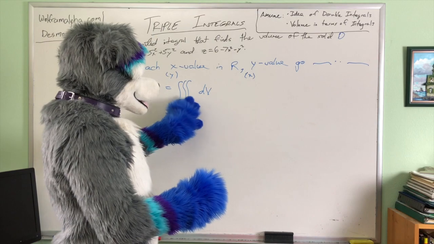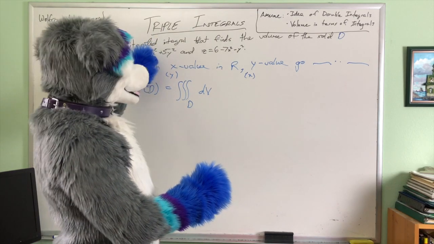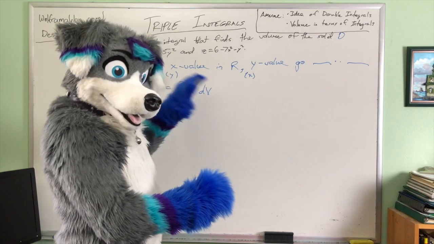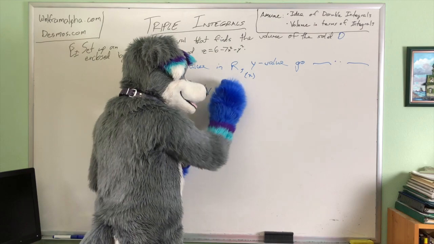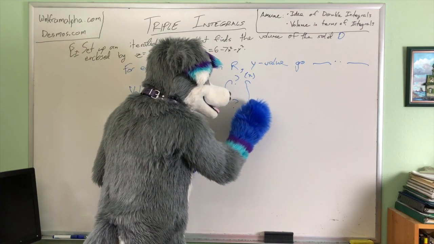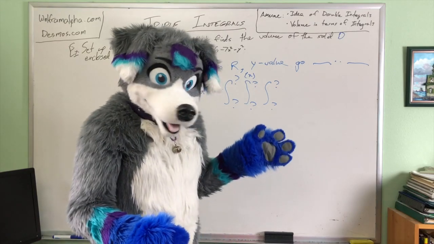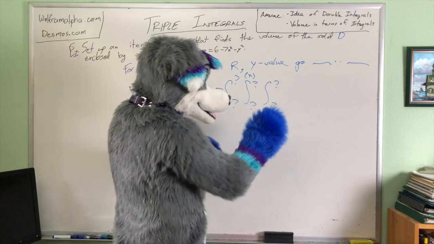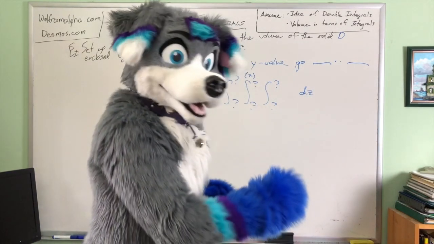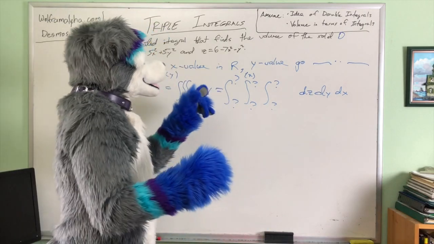So this is the volume, and by iterated integral, I want to split this up and put the limits of integration on it. So we want to fill in these question marks. And then you can use whatever order of integration you want. Let's do dz dy dx, it doesn't really matter.